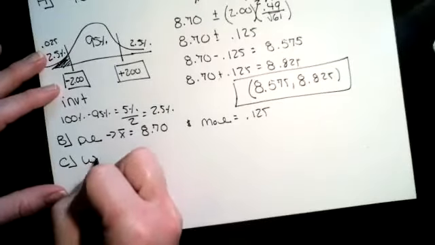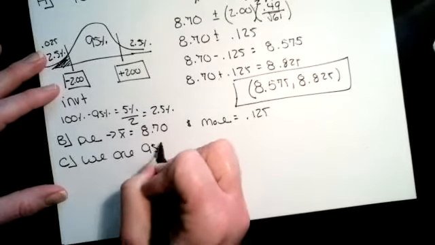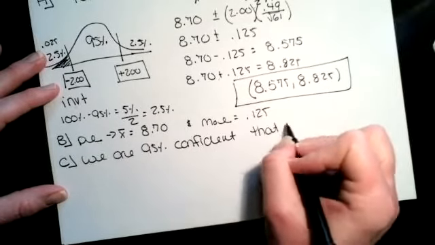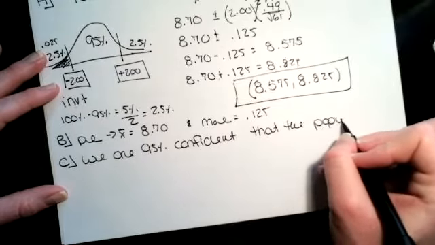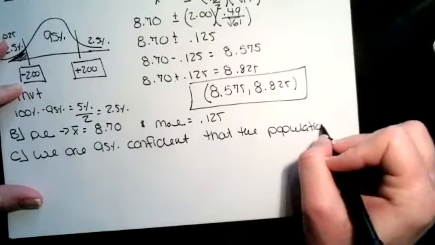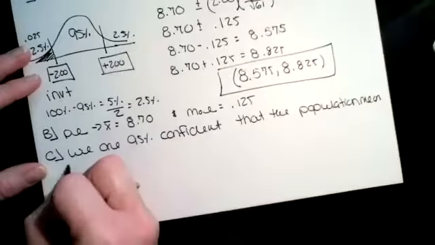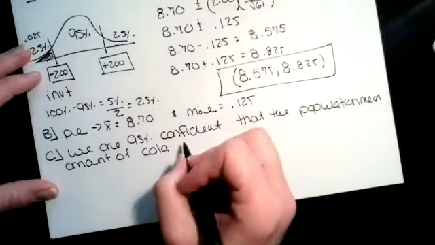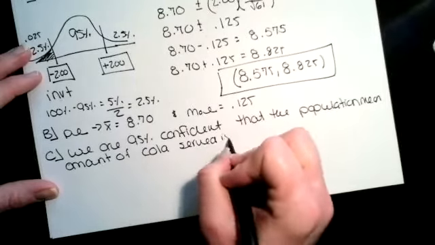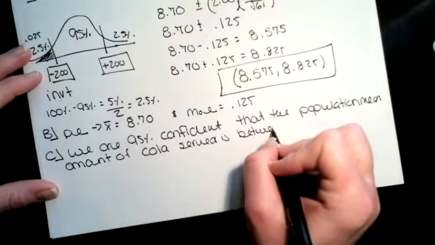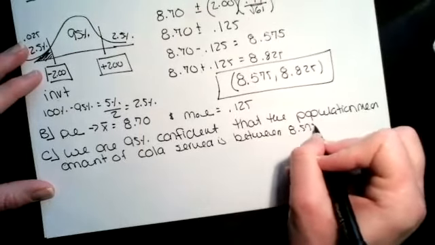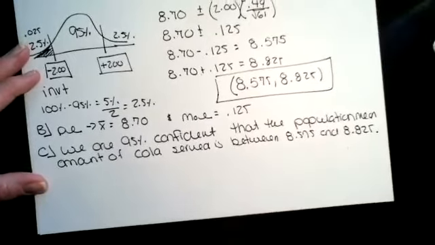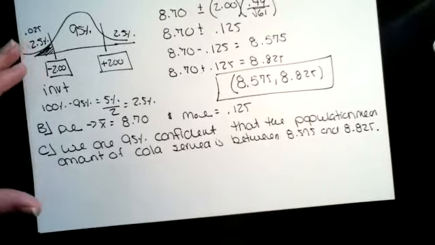So this is where I say, we are 95% confident that the population mean amount of cola served is between these two numbers, 8.575 and 8.825. There it is. So here's my concluding statement about my CI.